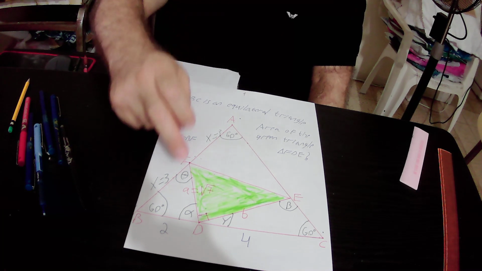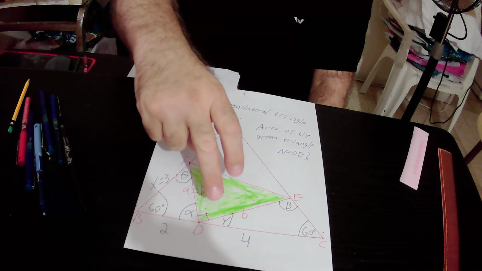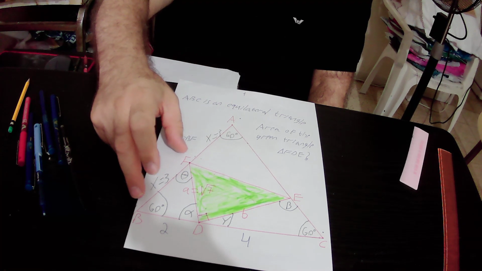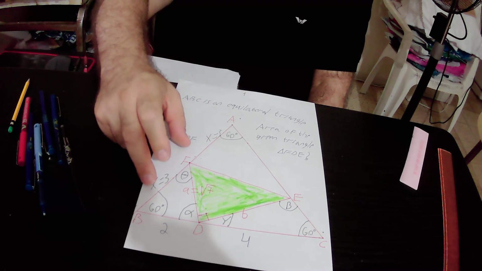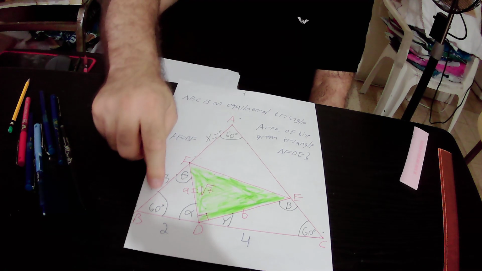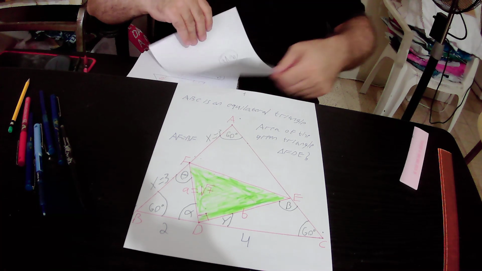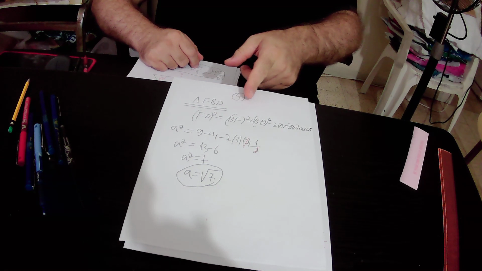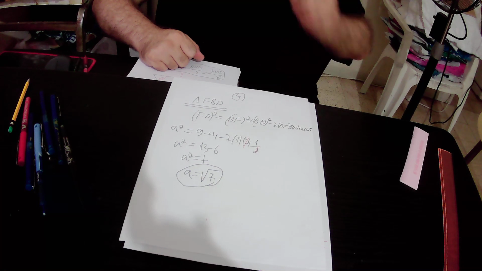In triangle FBD, according to the law of cosines, FD squared equals FB squared plus BD squared minus 2 times FB times BD times cosine 60 degrees.